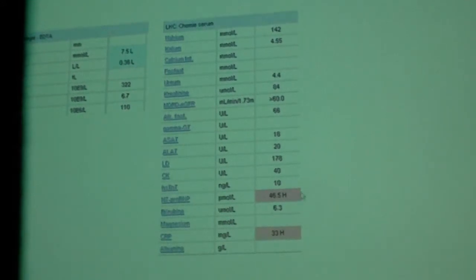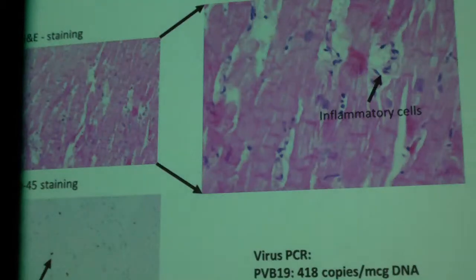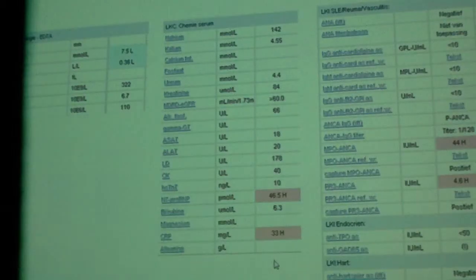Here he has signs of moderate heart failure, also slight signs of inflammation, but it was 2 weeks later. Biopsies were performed. You can also see inflammatory cells, and CD45 stains were positive, with increased inflammation, and also a slightly increased parvovirus load.